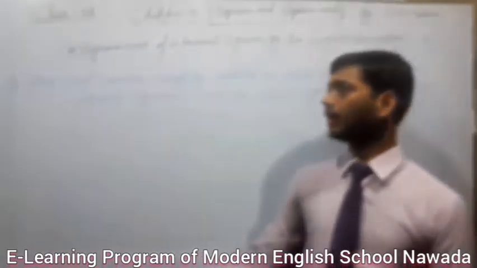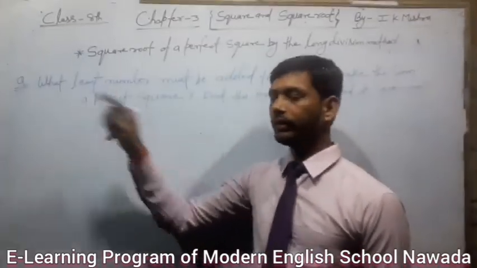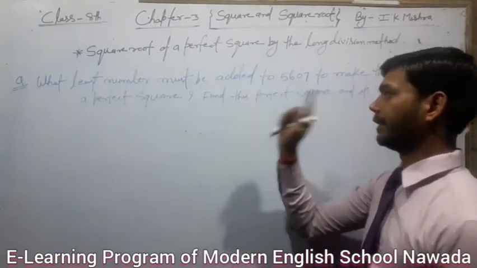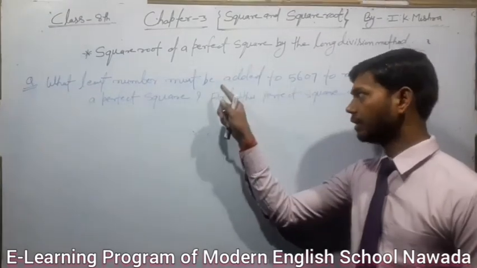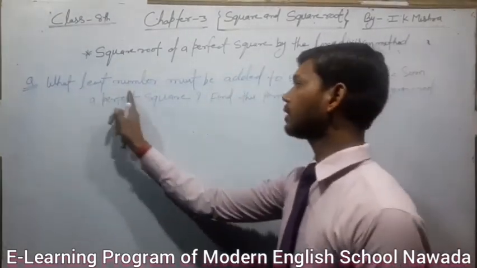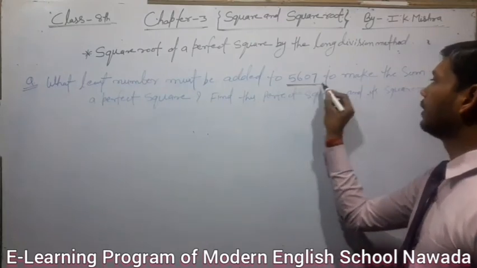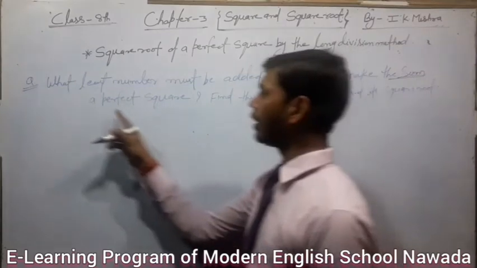Friends, here another question is written like the previous question. What least number must be added? In the previous question, what least number must be subtracted? But in this question, what least number must be added to this number to make the sum a perfect square?